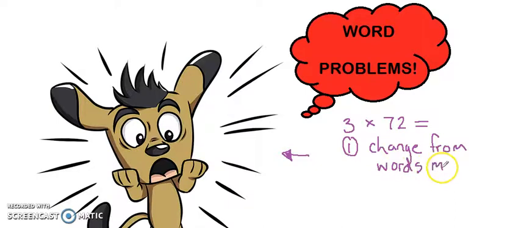And sometimes you can do that in your head far easier than you can do it on a piece of paper. You can just go, okay, well, it's 3 bags of 72. 72 plus 72 plus 72 gives us the answer. And that's fine to get the answer like that, but you must go back and write down the calculation as it would be written in a maths book. And the second step is to solve it. Not so bad. It really, really isn't that bad.